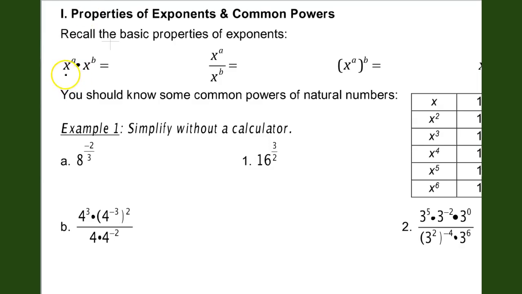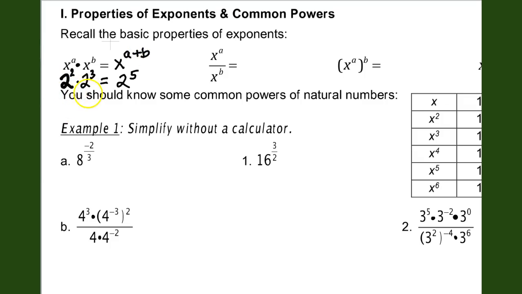Meaning, when you have something like 2 to the second times 2 to the third, what's the answer here? 2 to the what? Fifth, right? And then how can you get that using 2 and 3? Just add them up, right?